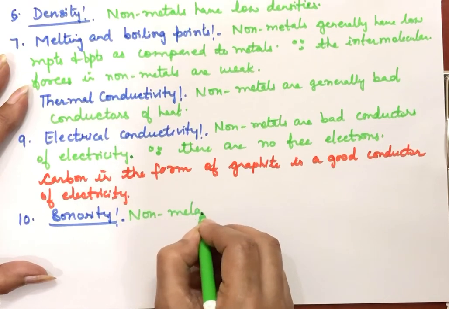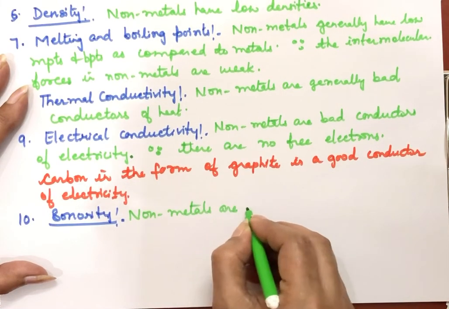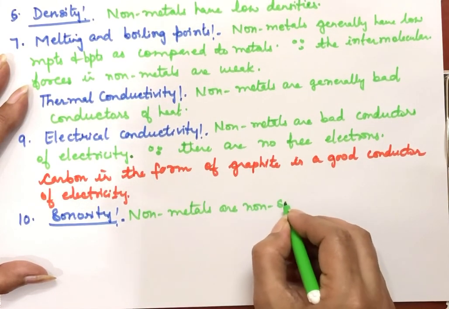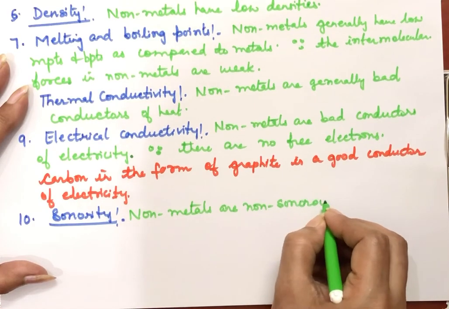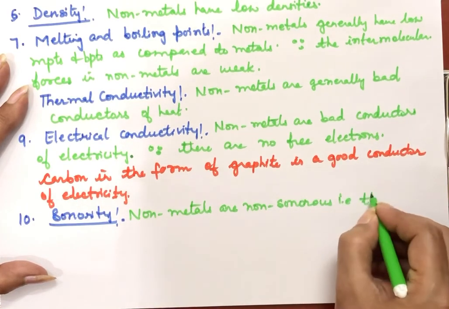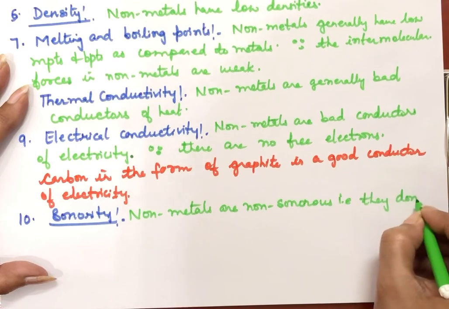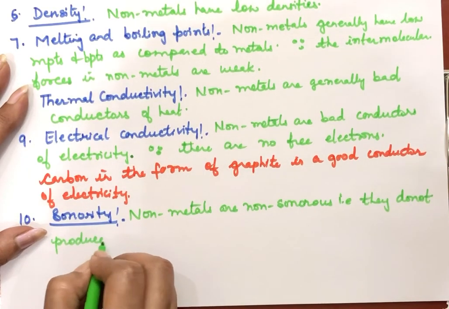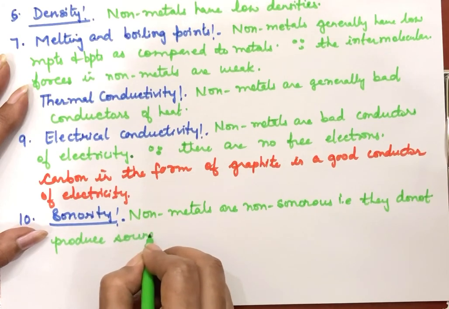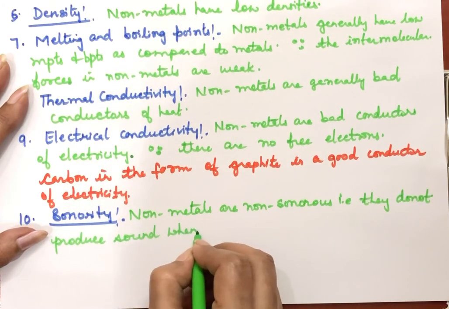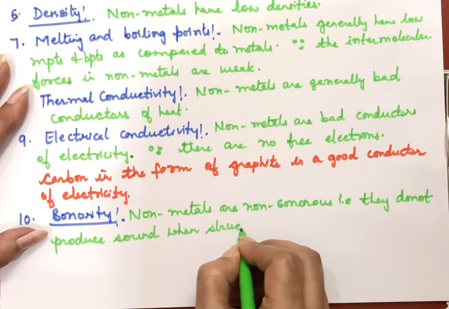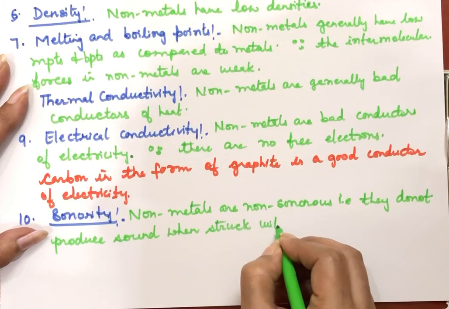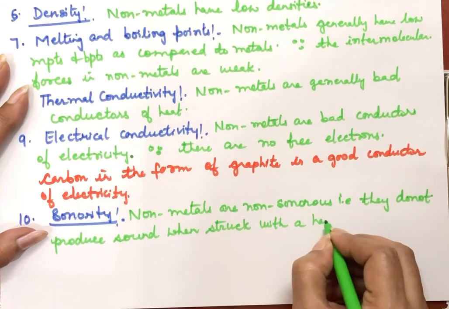Non-metals are non-sonorous. That is, they do not produce any sound when struck with a hard substance.